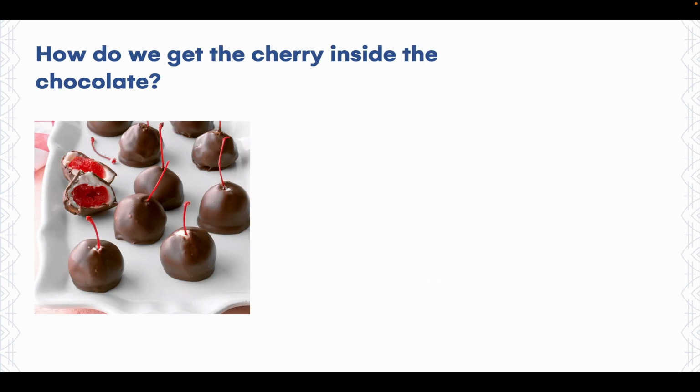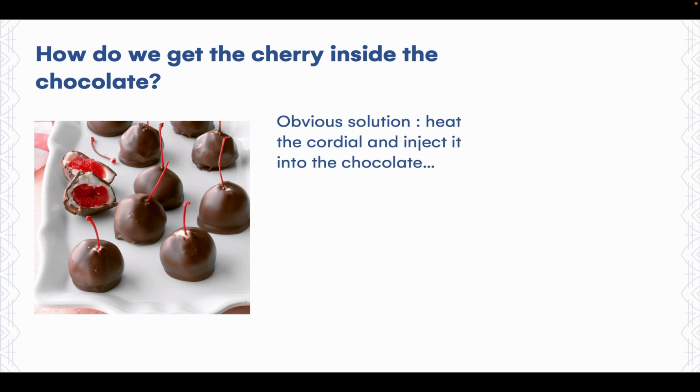So let's think about modern ways of solving problems, the kinds of systems that have arisen in the last few decades. So let's ask this question. We all like candies, like chocolate-covered cherries. How would you get the cherry inside the chocolate? Well, you might think, okay, well, you have to heat the cherry, turn it into a cordial, like a little liqueur, and then inject it into the chocolate.